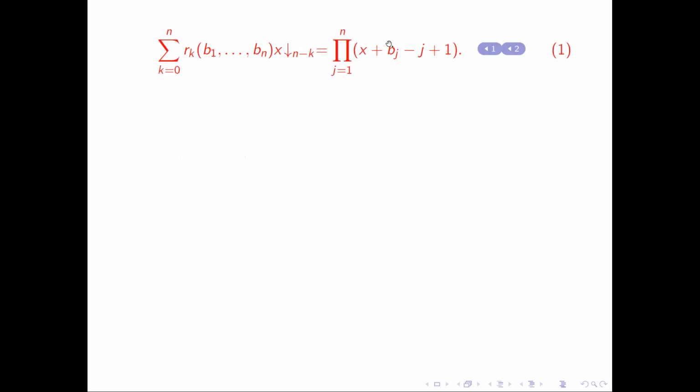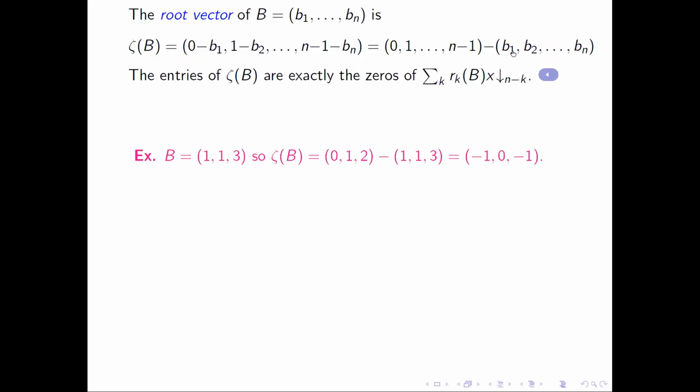The roots of this are the roots of the linear factors, and so it's going to be the negative of this guy. Well, the negative of this guy is j minus 1 minus b sub j, which, after all, is exactly what you have here, right?